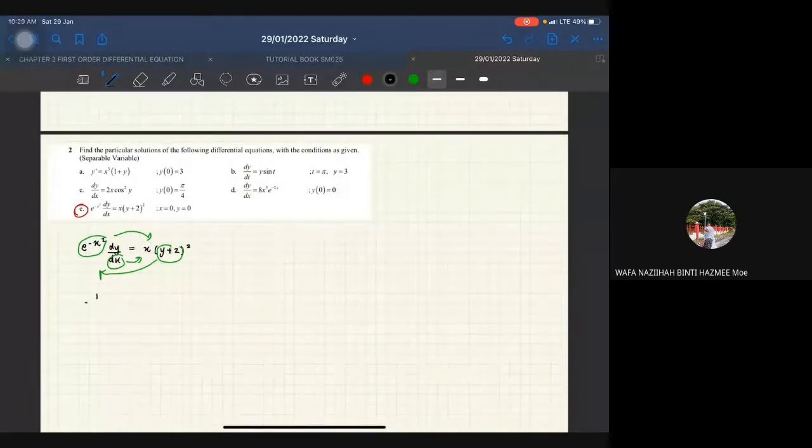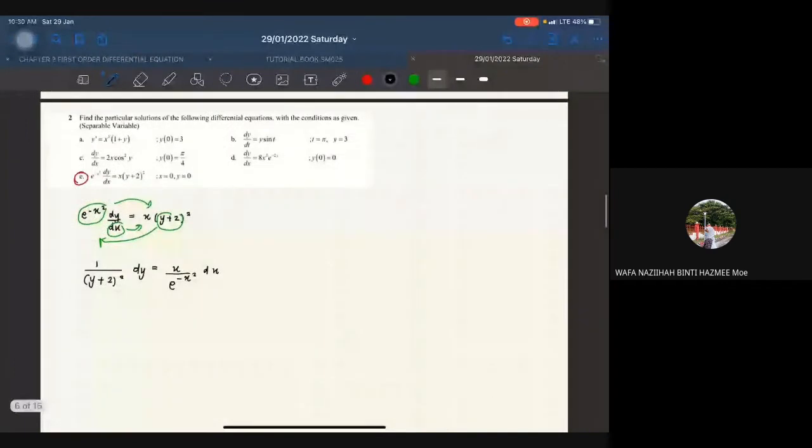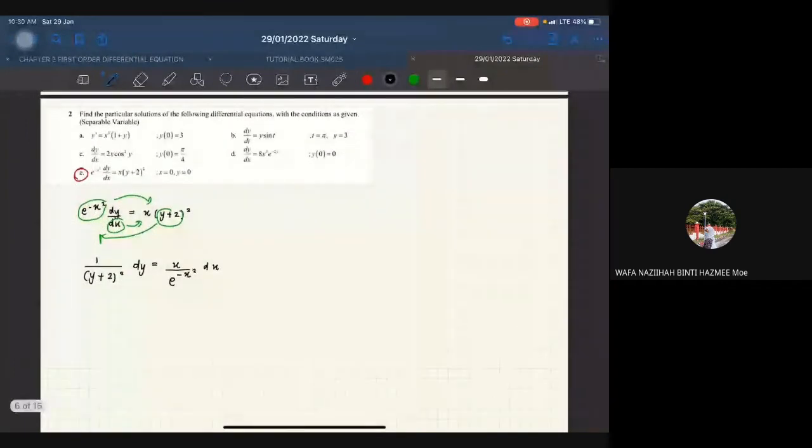1 over y plus 2 square dy is equal to x over e power of negative x square dx. Okay, betul ke? Itu sahaja. Okay, betul. I think that's all. Okay, so let's kita simplify dulu before kita integrate.